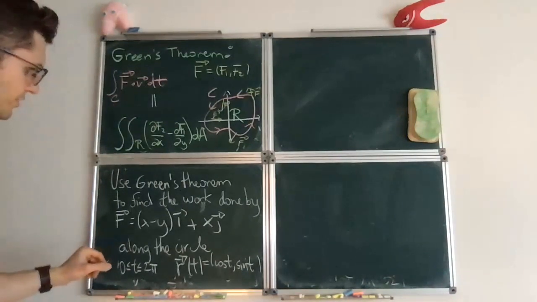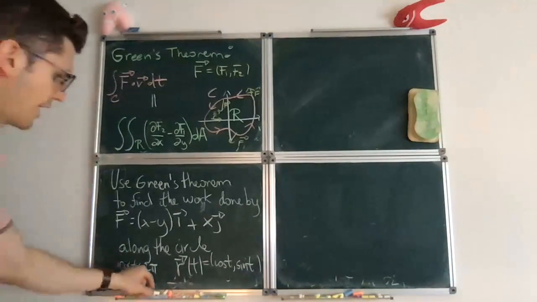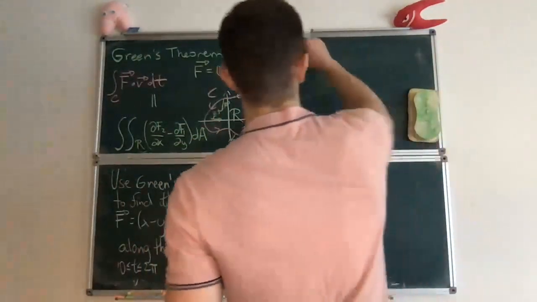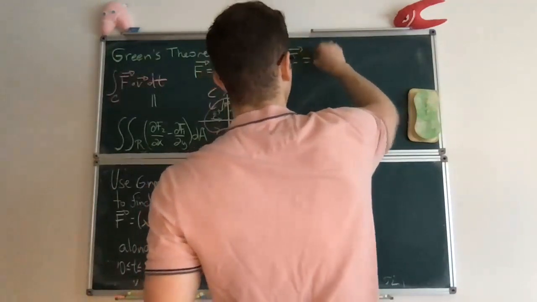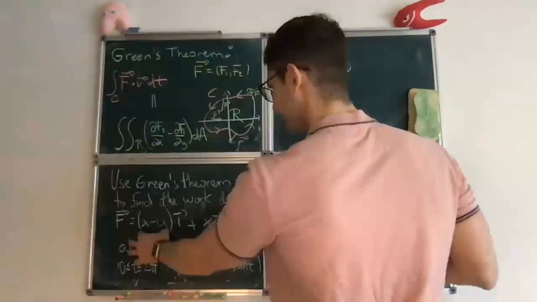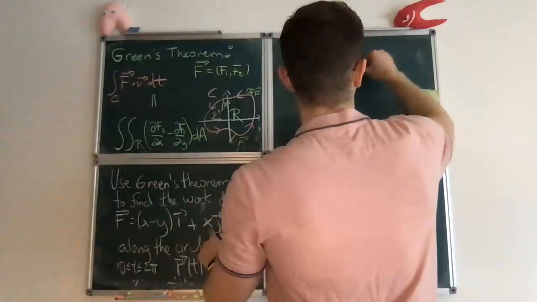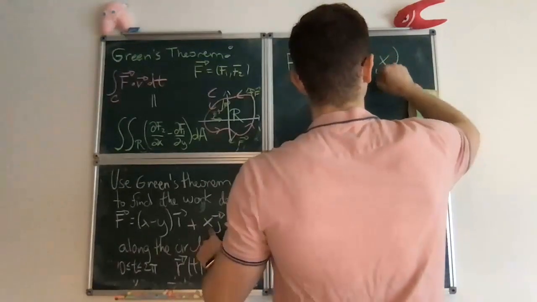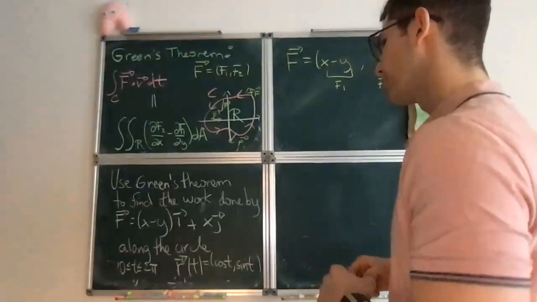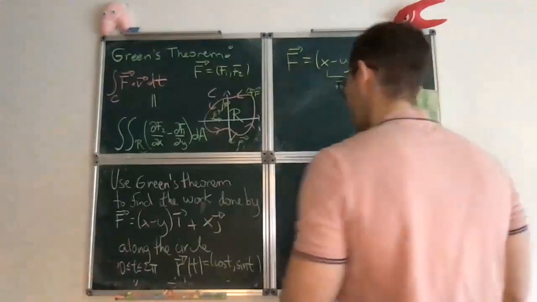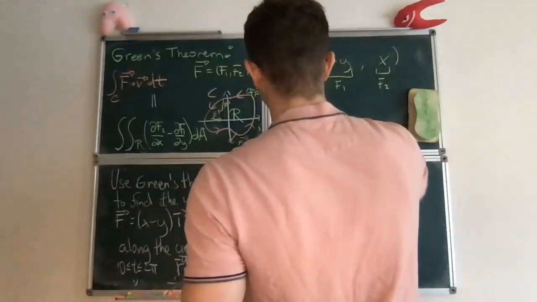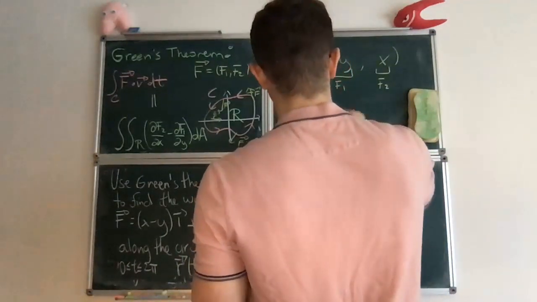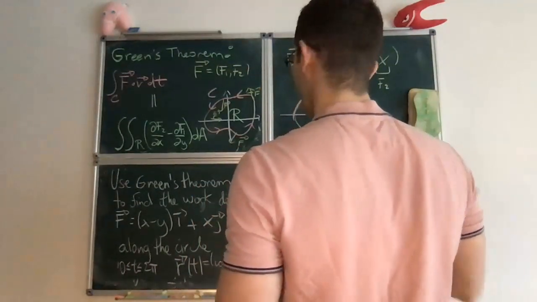So let's try to use it to find the work done by a vector field F. I'm giving you some vector field, which is x minus y i, so that's the first component of the vector field, and x j, so this is F1 and F2. And we want to compute the work along the curve, which is just the unit circle.